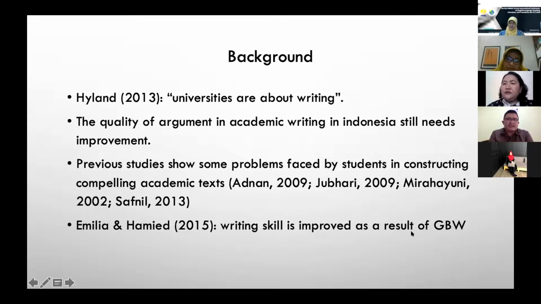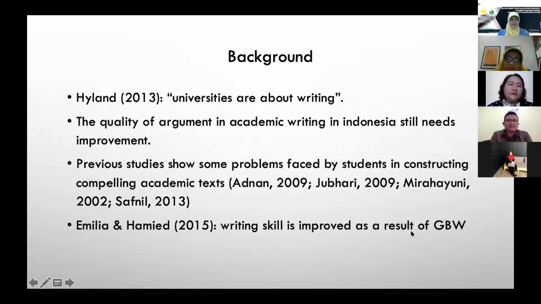I'm following Hyland, saying that university is about writing, about academic writing. Academic writing is about how we make arguments. Argument, academic writing, and all that we do in university are linked to each other.